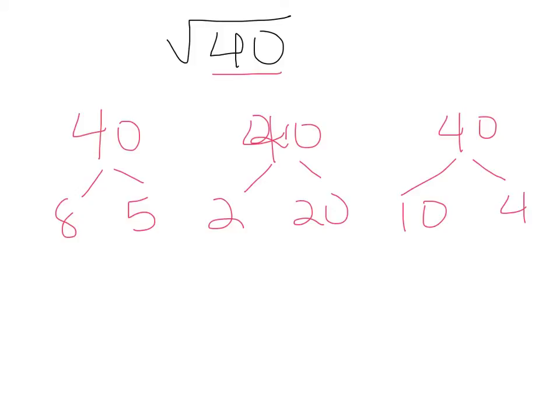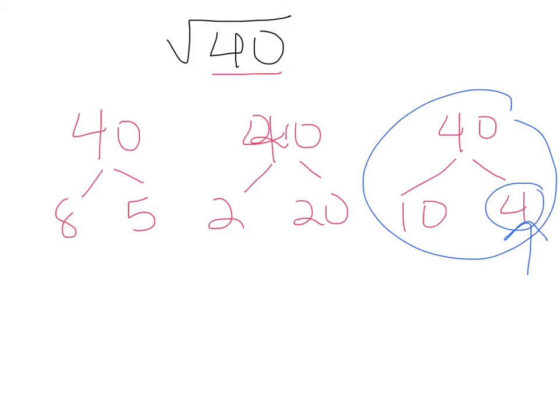And the only ones of these factors that are perfect square factors is this one, because we have a perfect square factor of 4. And so that's the one we're going to choose, because 8, 5, 2, and 20 are not part of our perfect square list. So since we've chosen this one, then we can rewrite this radical in terms of this factor pair. Okay.